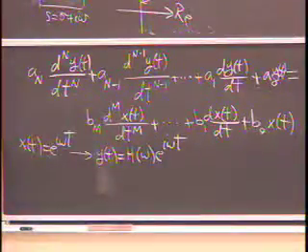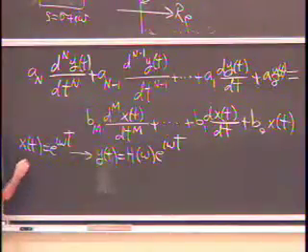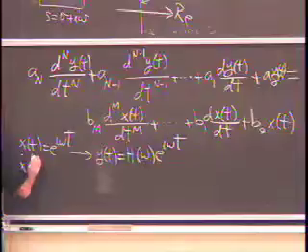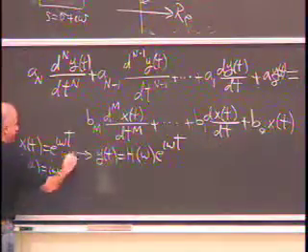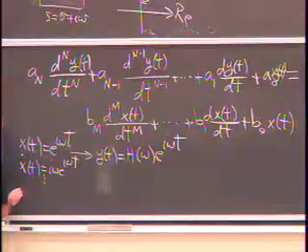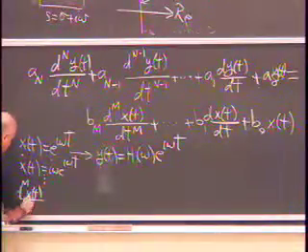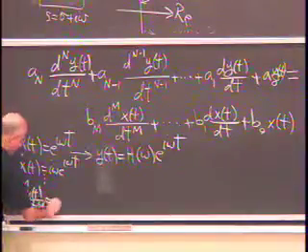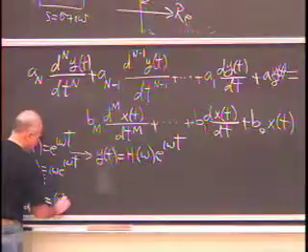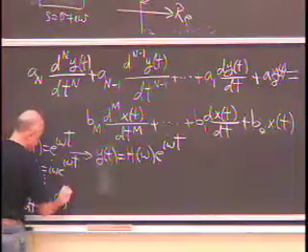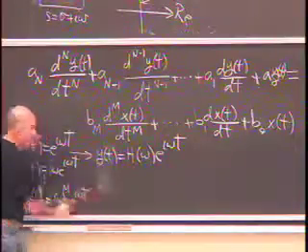And what are the derivatives of these two sides? X dot is what? I omega e to the I omega t. So until you get to the mth derivative of x of t, and that's what? I omega, remember, keep the I and omega together, I omega to the m, e to the I omega t.